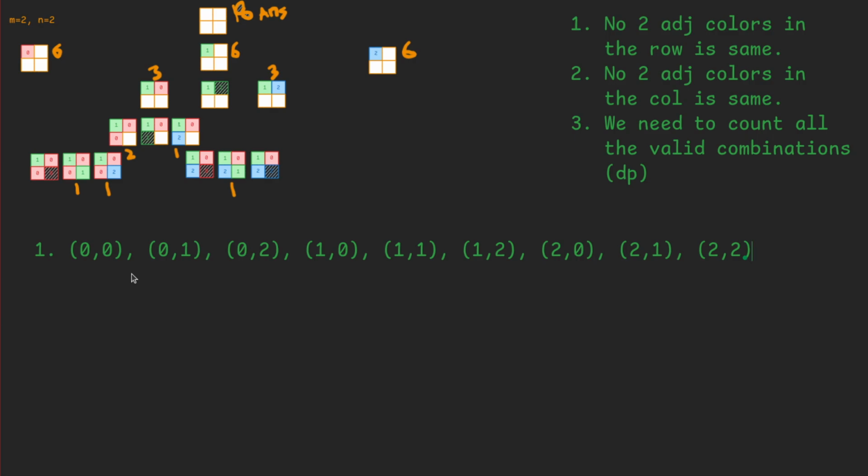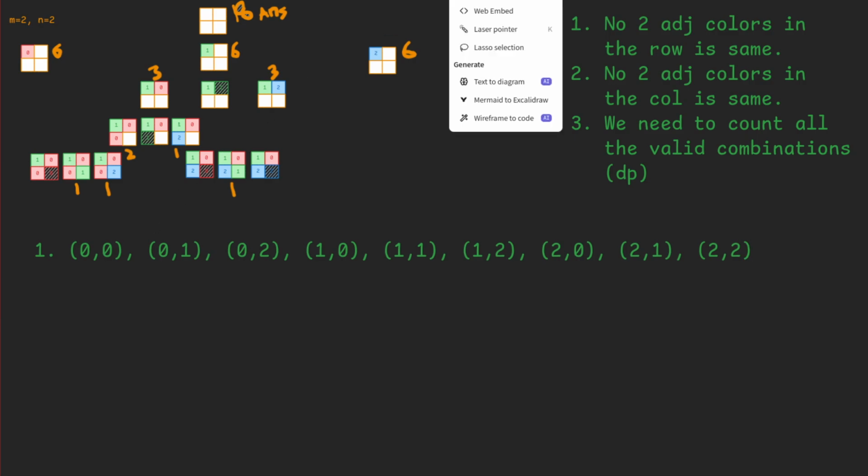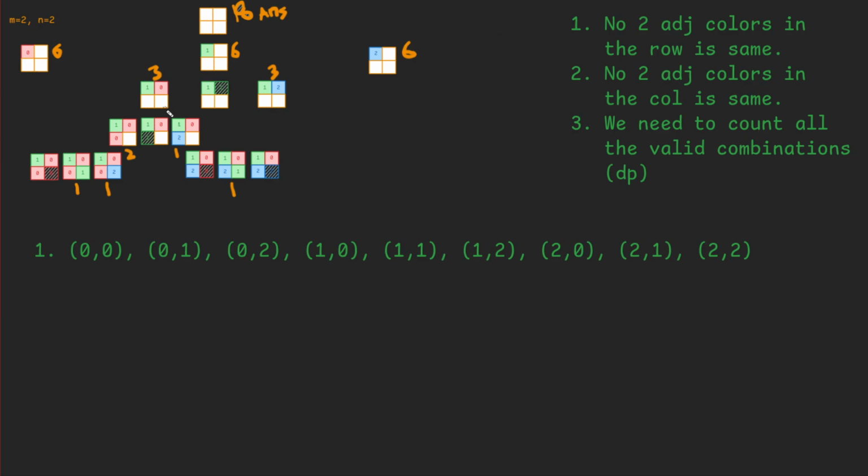What this is representing is each cell. So we will say here that 1 0 is a valid cell, 1 2 is a valid cell, but 1 1 is not a valid cell.